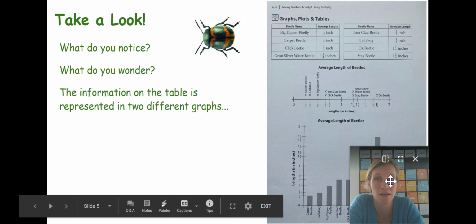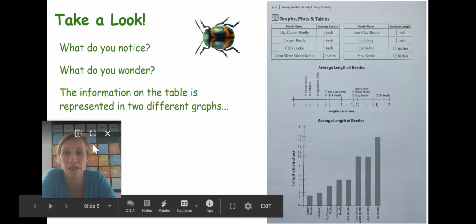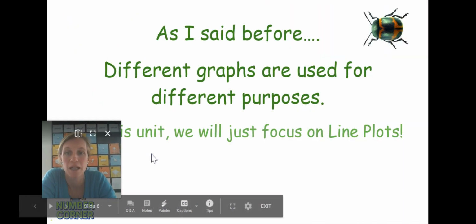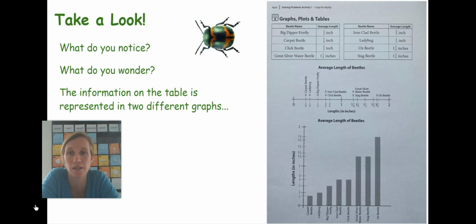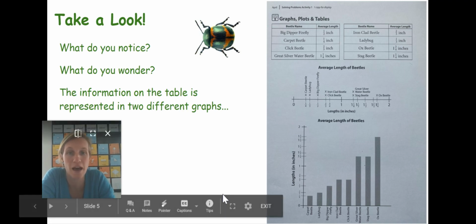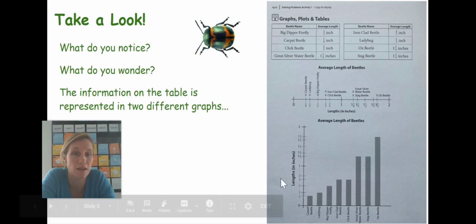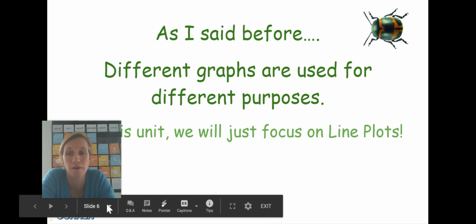Let's take a look at this beetle graph here. For a second, please jot down a few things that you notice and a few things that you wonder. And make sure you notice that there are 2 different graphs here. There's the line plot graph, and then there's the bar graph.